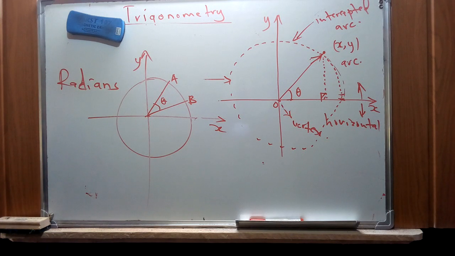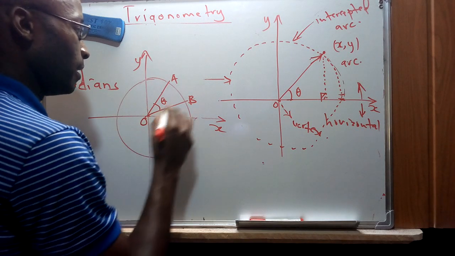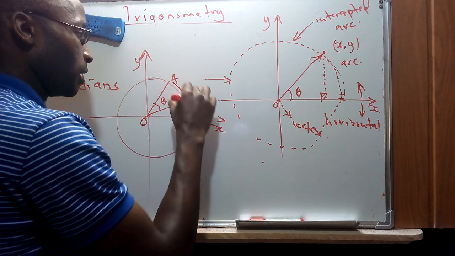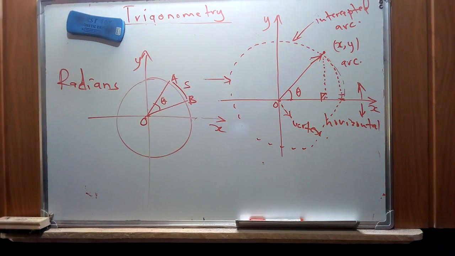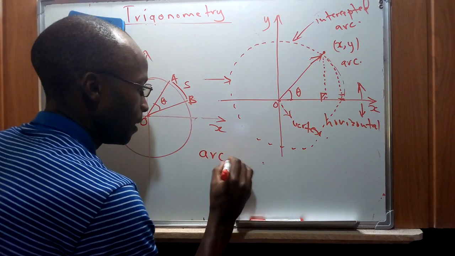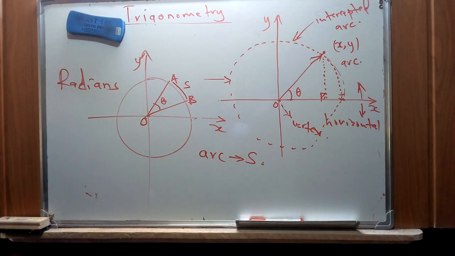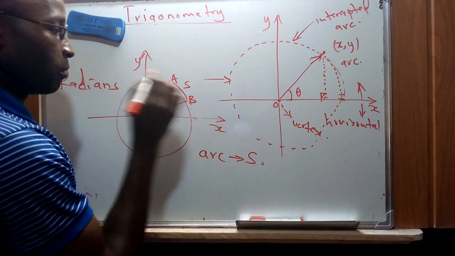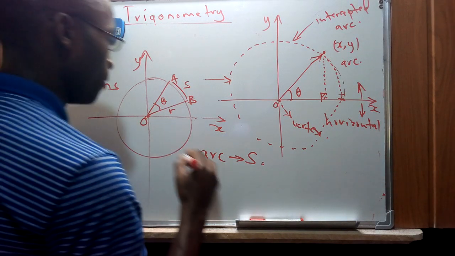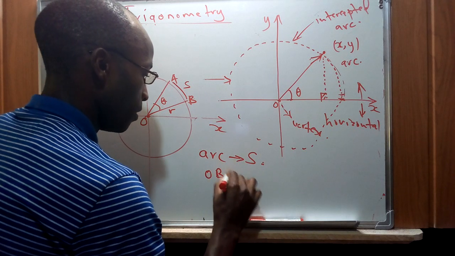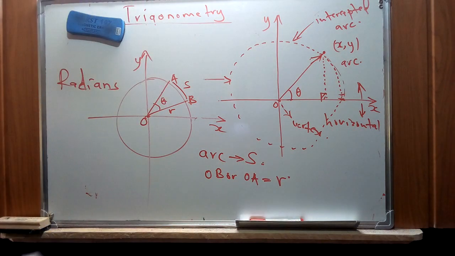Suppose the point of origin is O. The distance covered from point A to B can be referred to as S, so the arc is referred to as S, the distance. The distance from the center to the end point in a circle we usually denote as R for radius, so OB or OA is the radius.